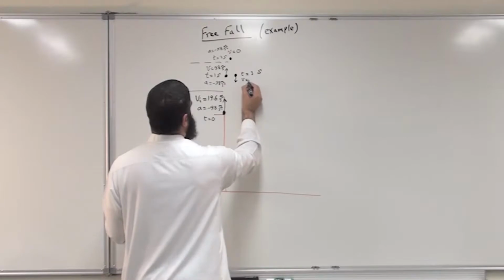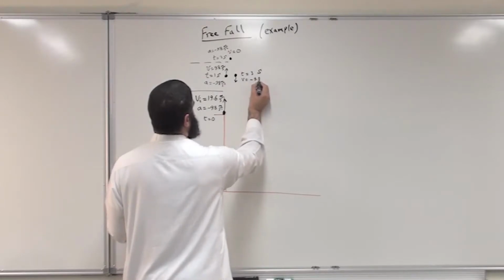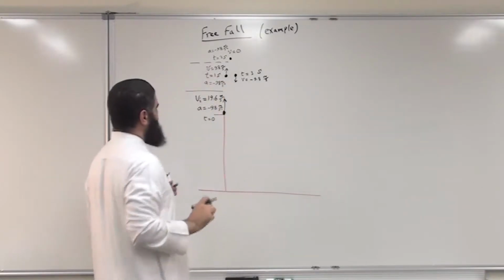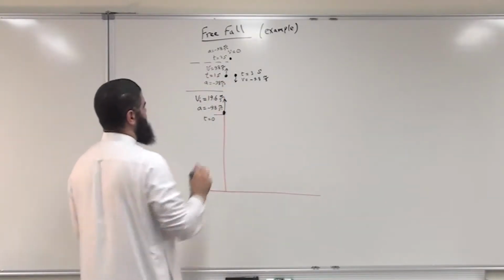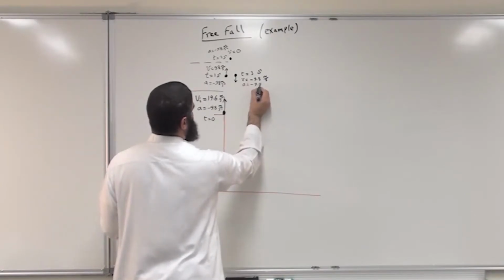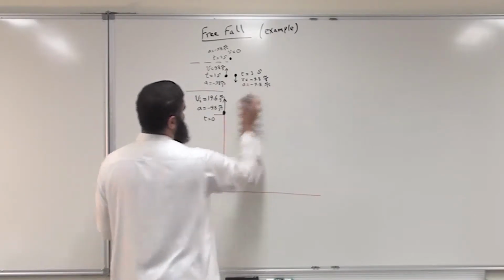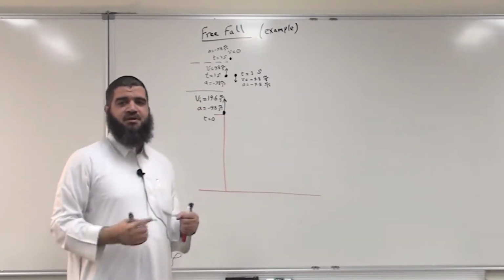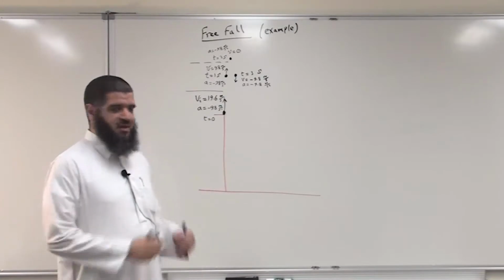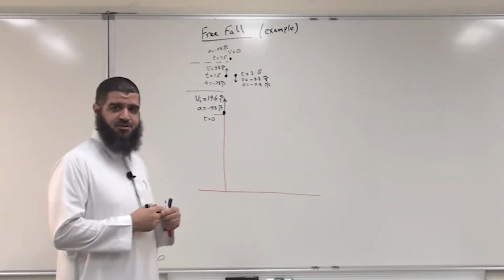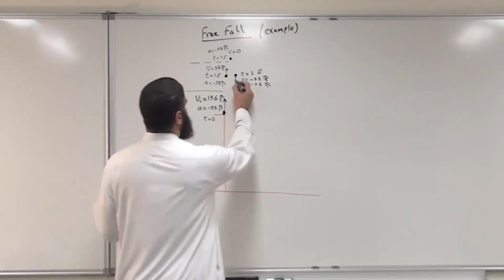So the velocity here is minus 9.8 meter per second, in the downward direction. The acceleration, as you know, is still constant, minus 9.8 meter per second square. Here the velocity is downward and the acceleration is downward. This means the object is in accelerating motion, and the speed will be increasing downward.